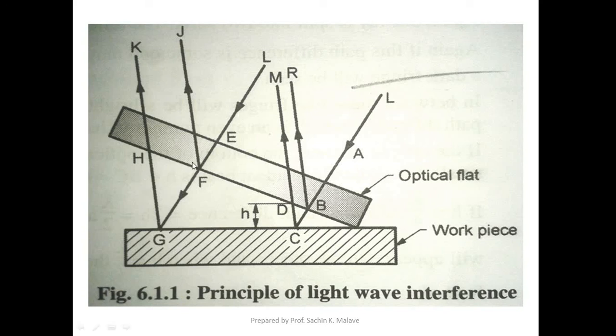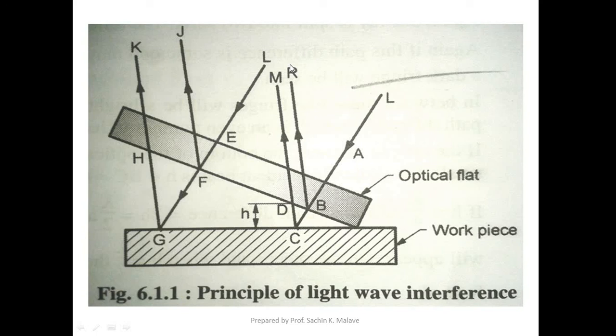So we can say that the distance between the two dark fringes is equal to lambda by 2. The distance between one fringe here and another fringe here is lambda by 2, isn't it?